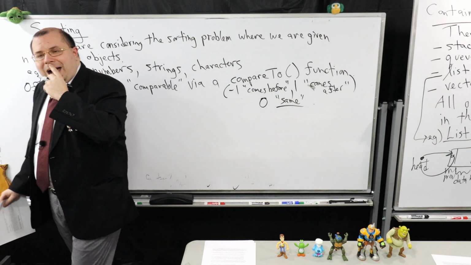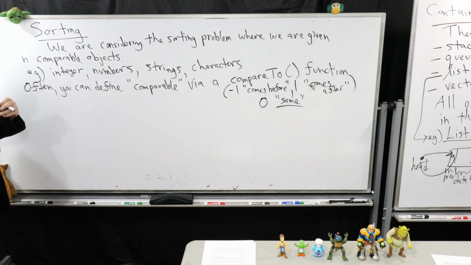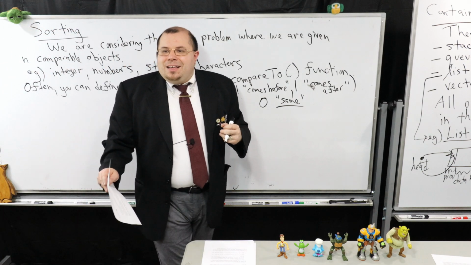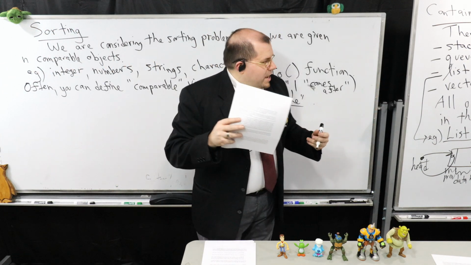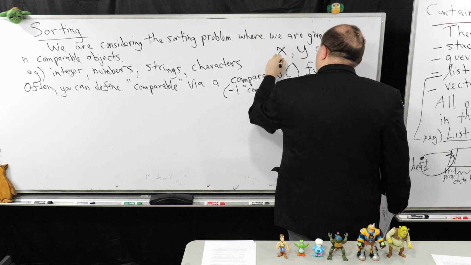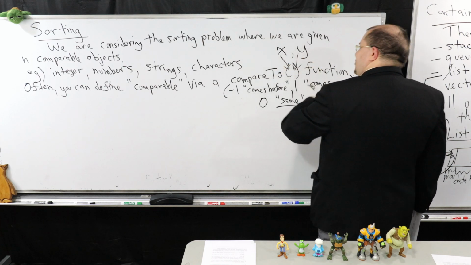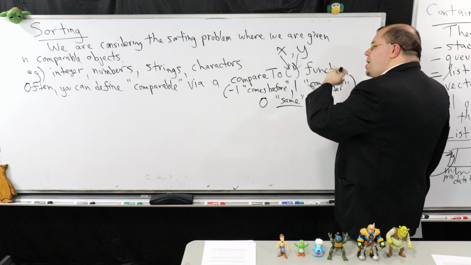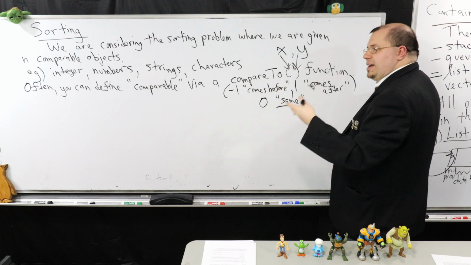Anybody have any ideas of how I would go about this with a number? Think of the most obvious thing possible. Suppose I give you two numbers, x and y. You can even make these the parameters for this function. And I want to know if x comes before y or y comes before x, or if x is equal to y.